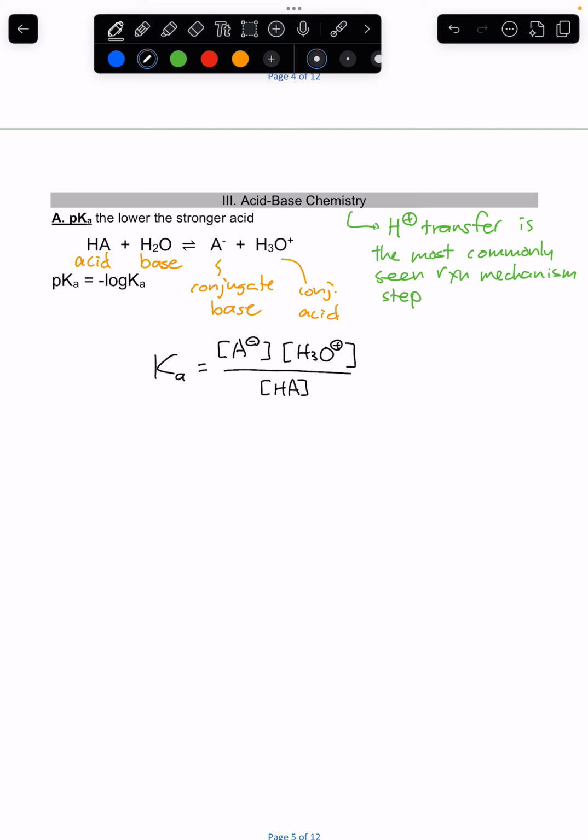Now, technically water is also a reactant, but if you're assuming this reaction happens in an aqueous environment, basically 99.9% of the solution is water, and so it remains constant even if a little bit of it is consumed to become conjugate acid.